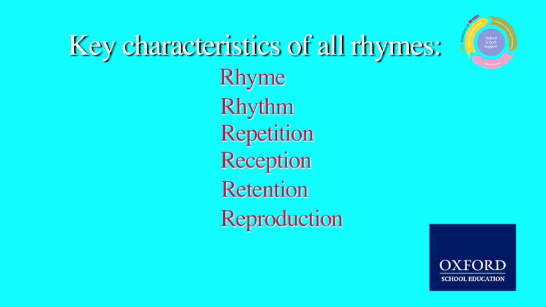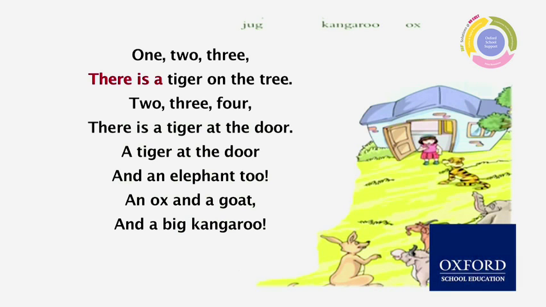Another important feature of rhymes is that they contextualize language. In the 1, 2, 3 rhyme, we have 1, 2, 3, there is a, 2, 3, 4, there is a. We have prepositions, a tiger at the door, a tiger on the tree, and we have a number of animals and sound clusters.